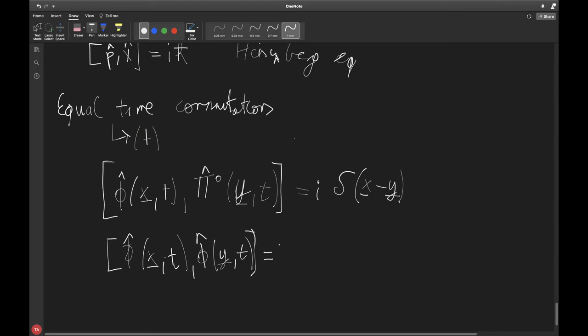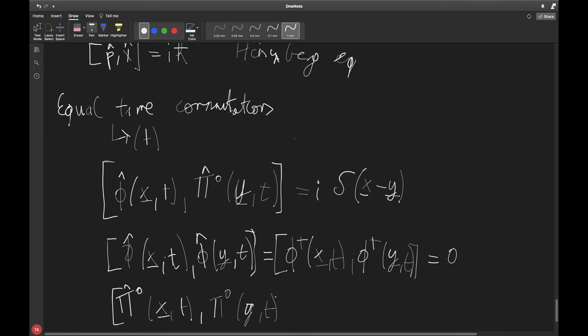And we can also take the commutators of the momentum densities. So the pi 0 at x and t with the pi 0 at y and t, and the same as the dagger of it.